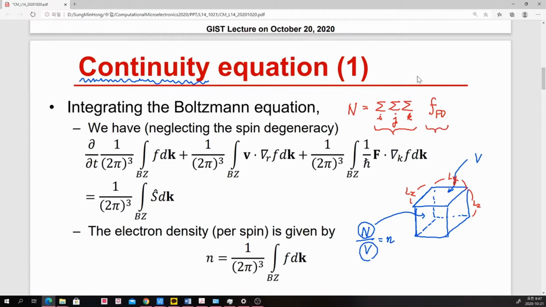So if the occupancy, the distribution function, is close to 1, then this state is almost fully occupied, and it contributes to the total number n.